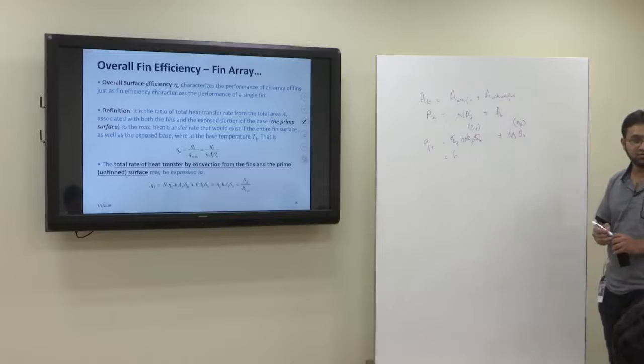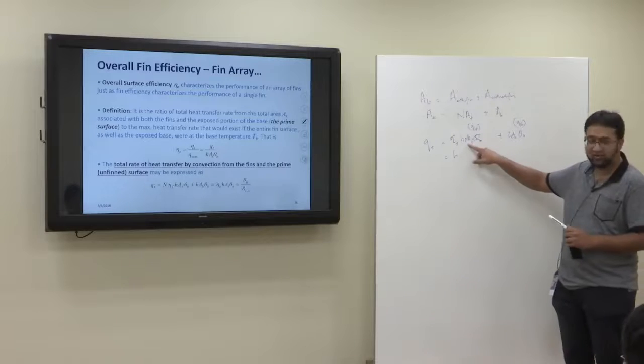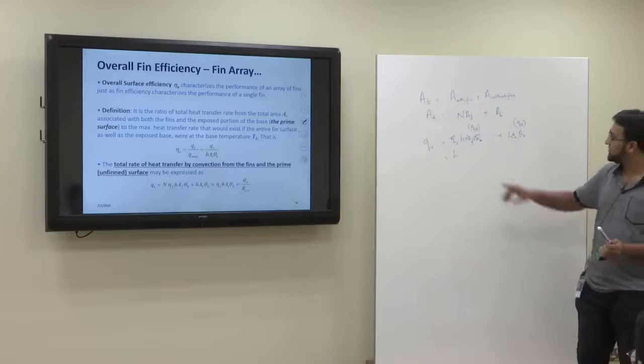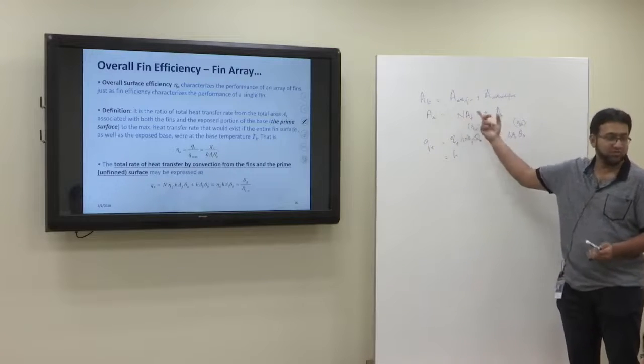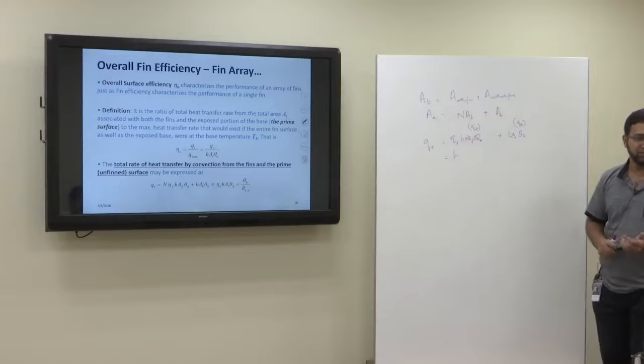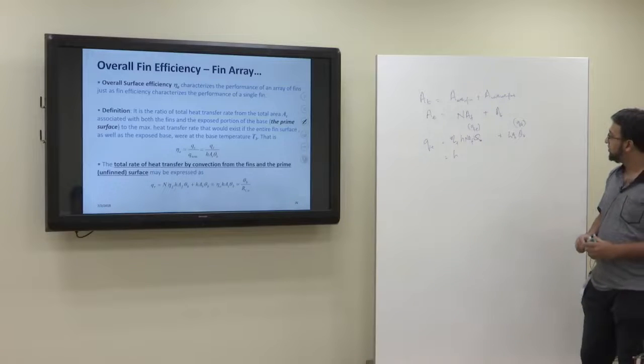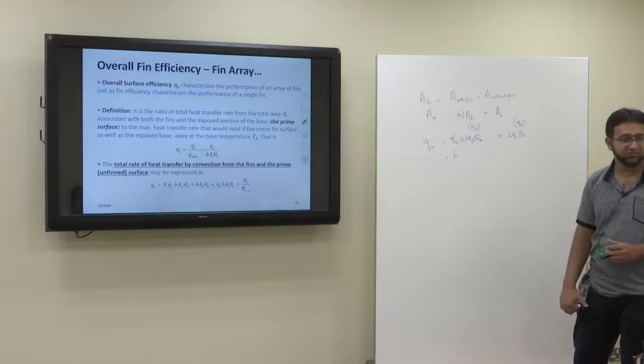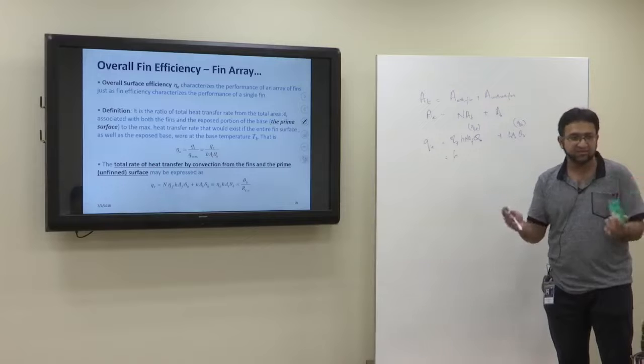Is it clear? So I just replace the area here because this is the heat transfer with the fins. So it's with the N number of fins multiplied by the surface area of a single fin. Is it clear?